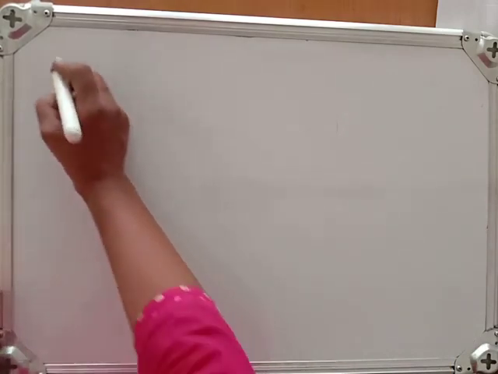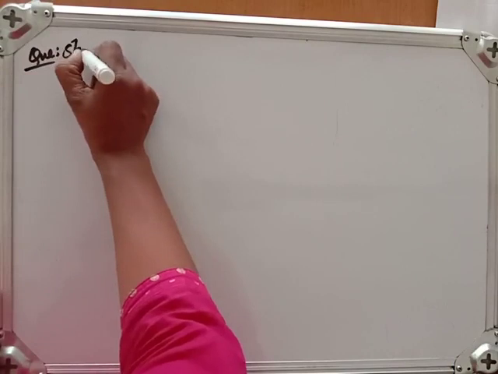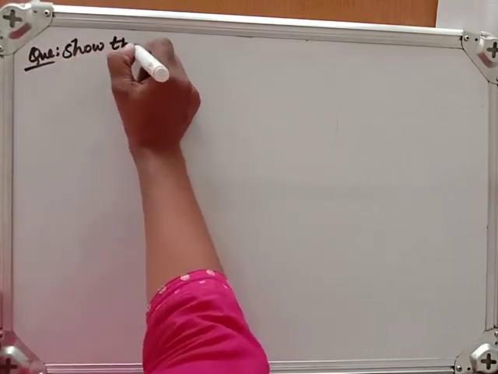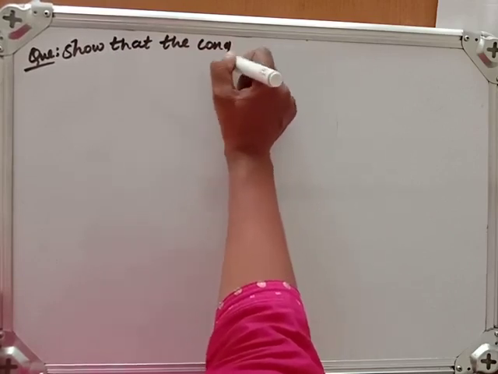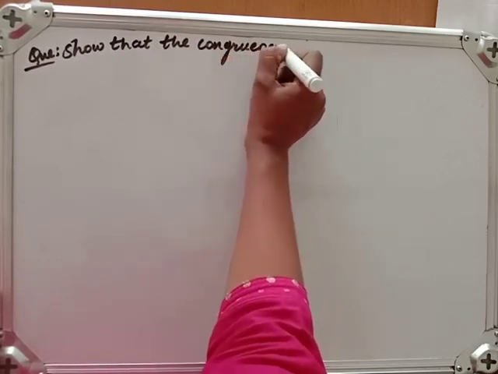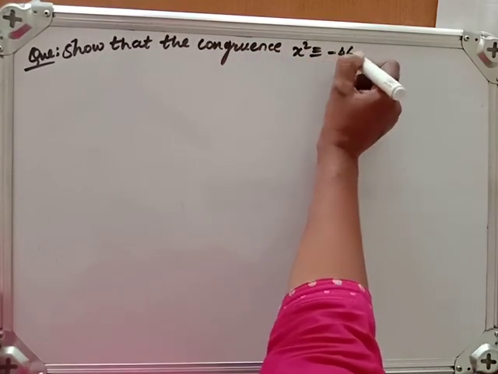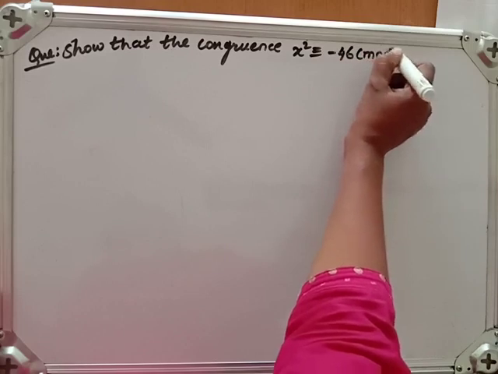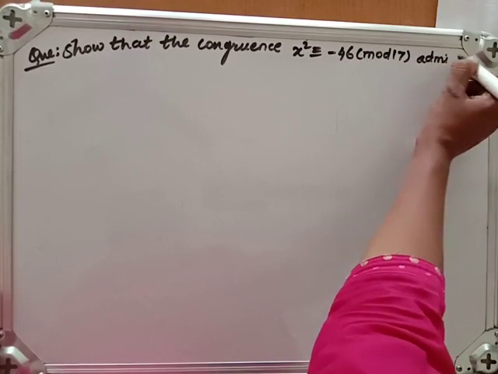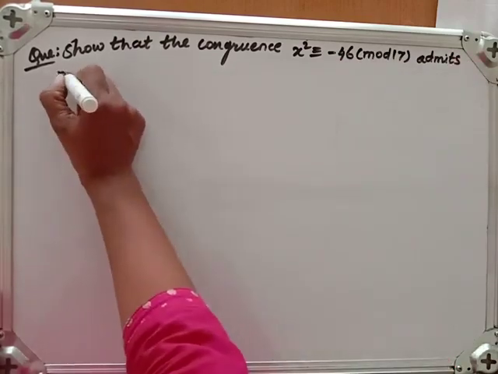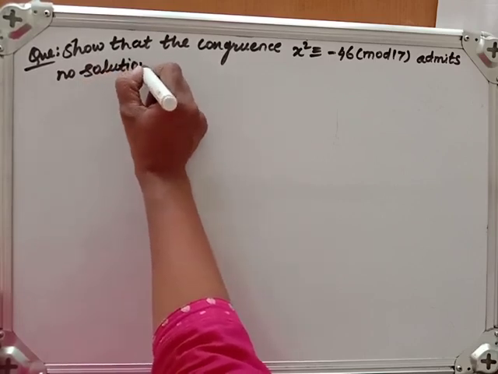Next example is this question: show that the congruence x square congruent to minus 46 modulo 17 admits no solution.